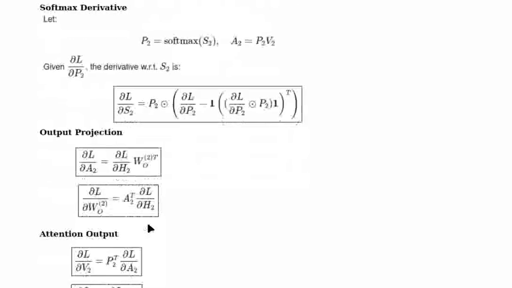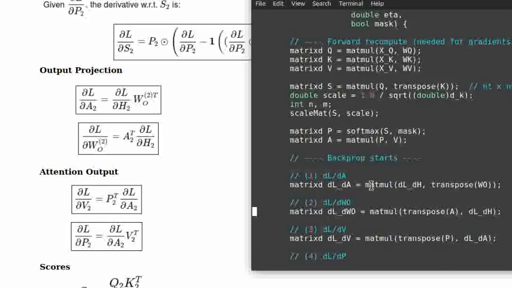And the dL/dA and the dL/dWO are given by these two formulas. So the dL/dA is dL/dH times WO transpose, or transpose of WO. And the dL/dWO is A transpose times dL/dH.